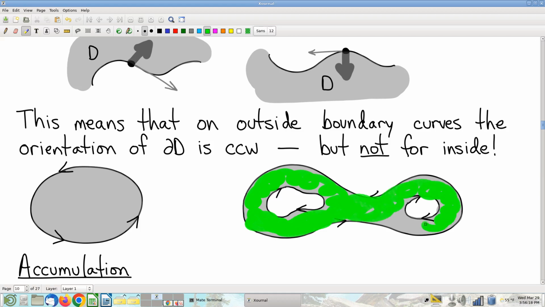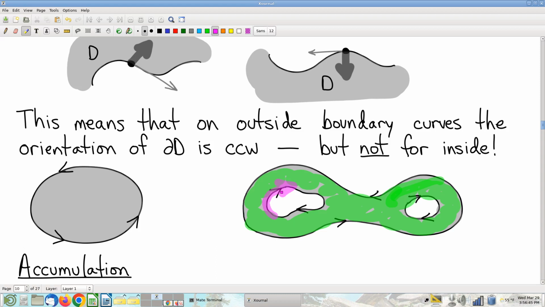Let's suppose that this is your two-dimensional region. Notice if I go this way, the region's on my left. Counterclockwise. It's looking good so far. What's the problem? If I look at this part of the boundary, that's the direction I have to go to keep the region on my left.